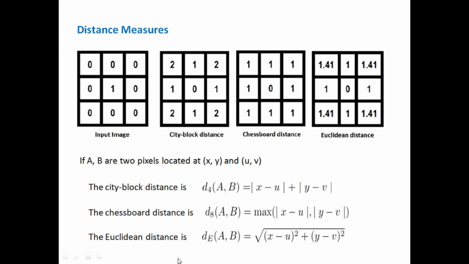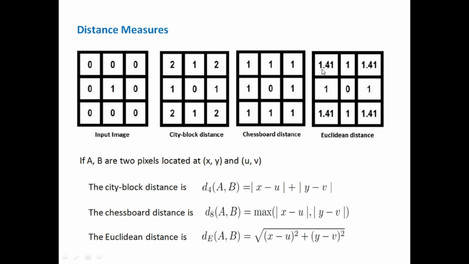Now what is the concept of the Euclidean distance? I have 2 points a comma b, situated at x comma y and u comma v. The Euclidean distance is the square root of x minus u whole square plus y minus v whole square.